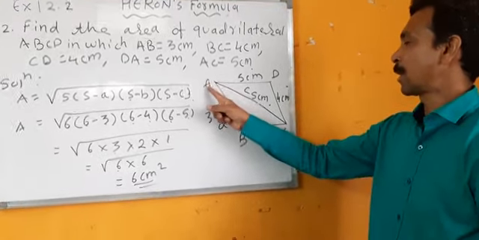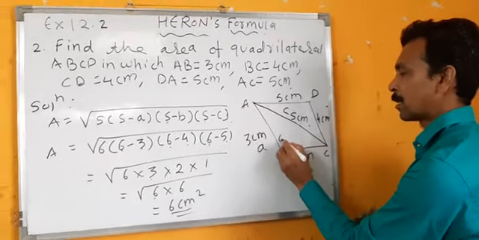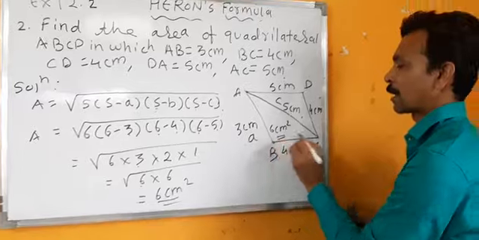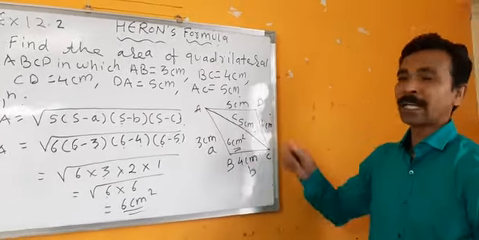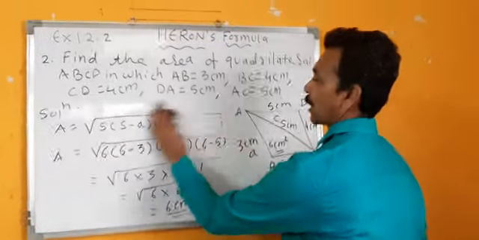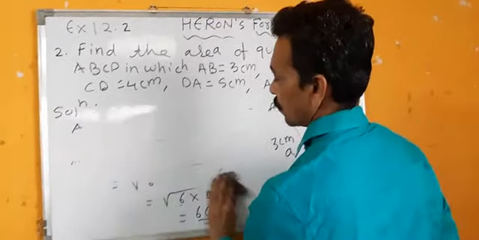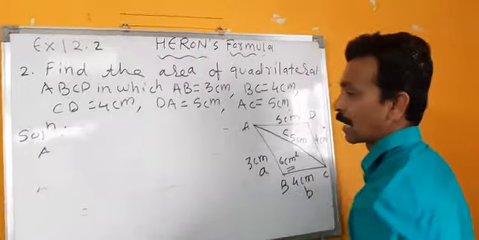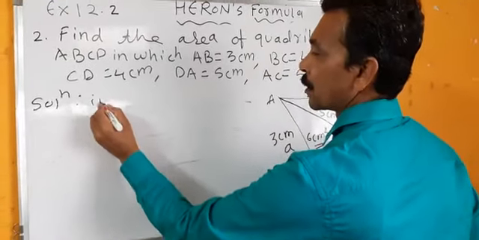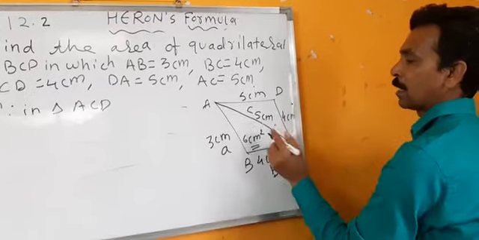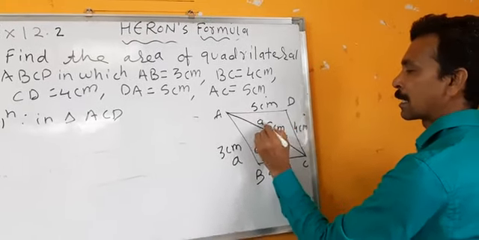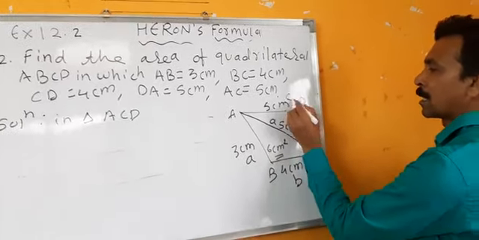Now we will go for area of triangle. I'll write here, 6 centimeter square, that is the area. Now I will find the area of triangle ACD. In triangle ACD, I'll call this as a, this as b, and this as c.